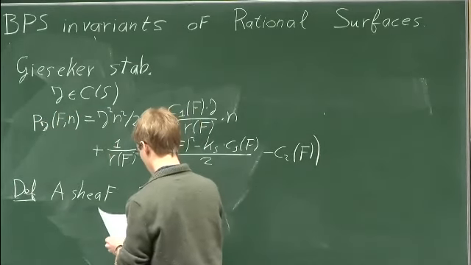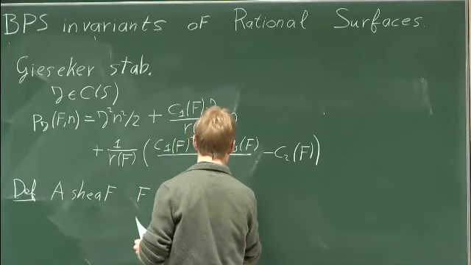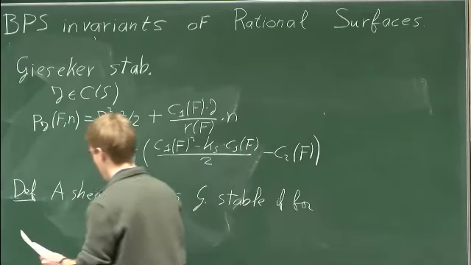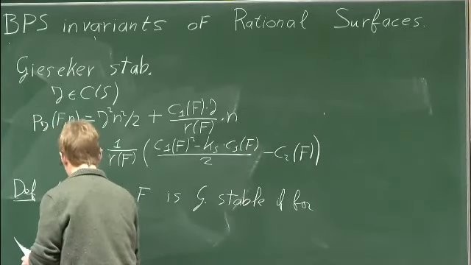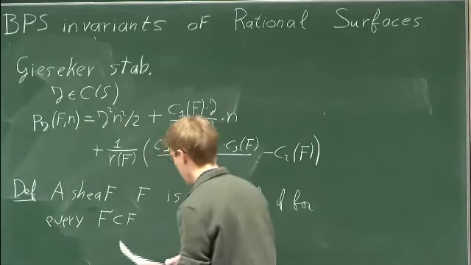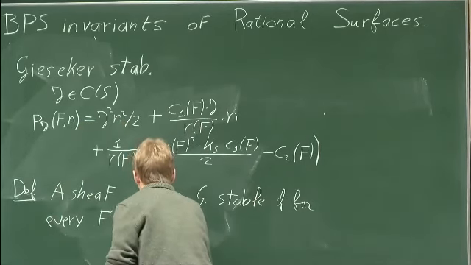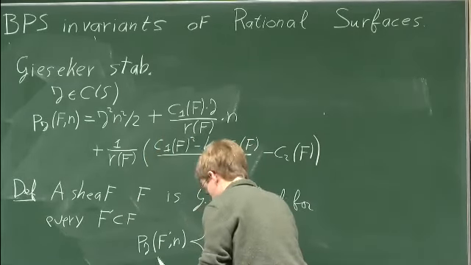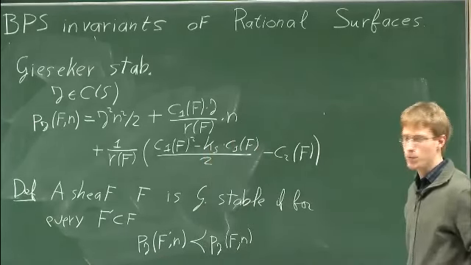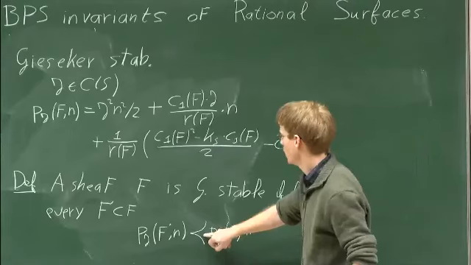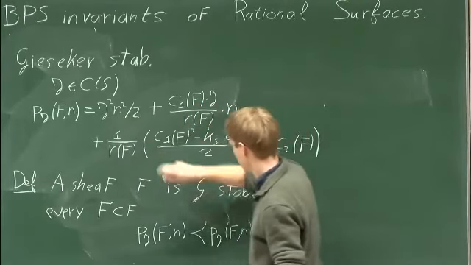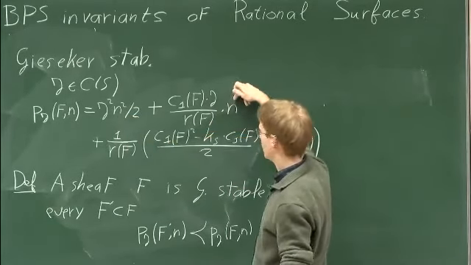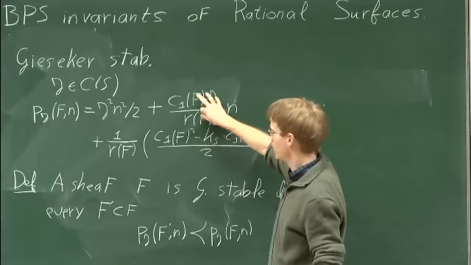And now the definition of stability is that a sheaf F is Gieseker stable if for every subsheaf F prime in F, the polynomial for F prime is smaller in some sense than the polynomial for F. And what this finally smaller means is that you first compare the highest power in N, then you compare the linear power, if they are equal, and in this case they are always equal, and so this would be mu stability.